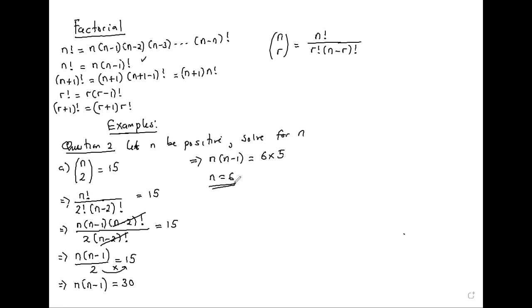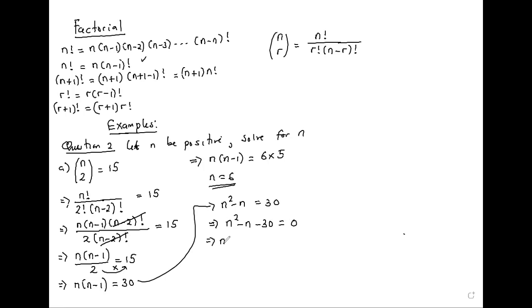If I can't see it in this way, then what do I do? I pick it from here and expand. n squared minus n is equal to 30. Rewrite it: n squared minus n minus 30 is equal to 0. So the product is negative 30 and the sum is negative 1.